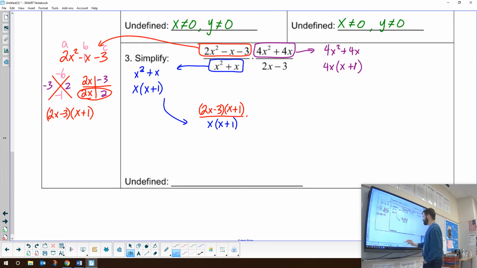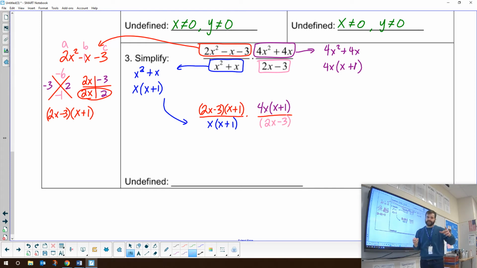So that's going to go on top of this side, 4x times x plus 1. And then on bottom, this 2x minus 3, I would bring it out to factor it, but I don't need to. It doesn't factor, so we're just going to leave that there, 2x minus 3.